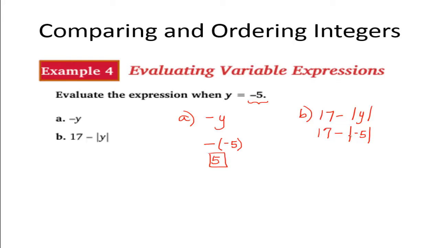We're going to treat absolute value as a grouping symbol or a parentheses. So we know with the order of operations that we should solve the absolute value first. So 17 minus the absolute value of negative 5 is 5. And now we can subtract 17 minus 5, which is 12. And that's your final answer for letter B.